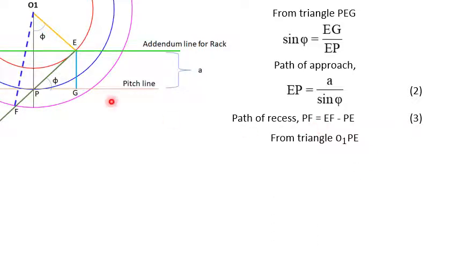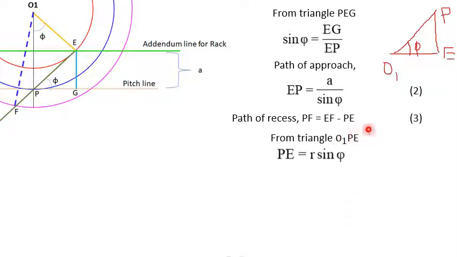Now consider triangle O1PE. This is phi, this is O1, this is P, and this is E. I want the length PE.